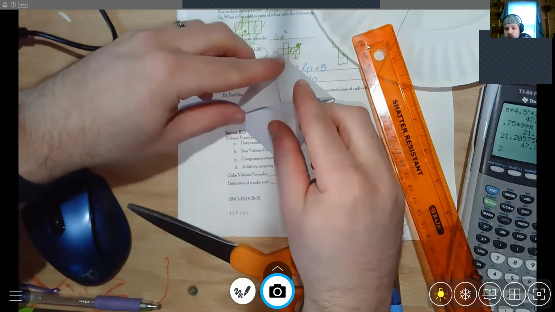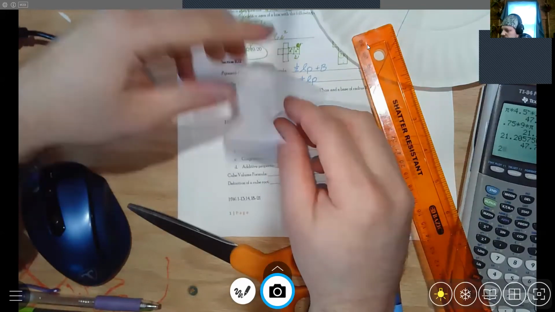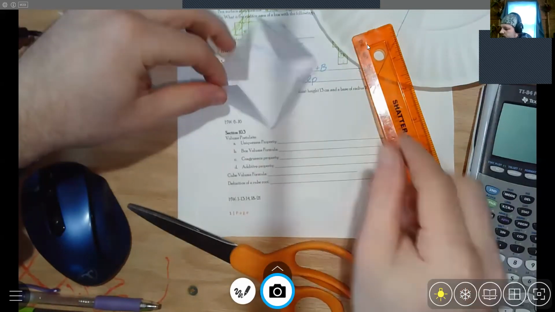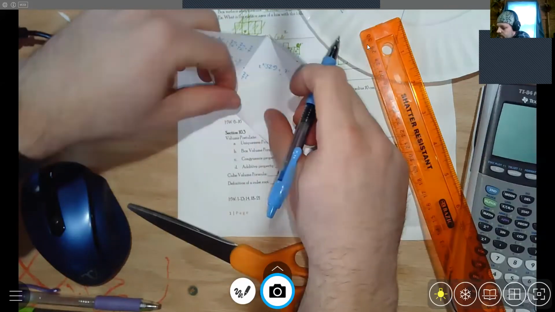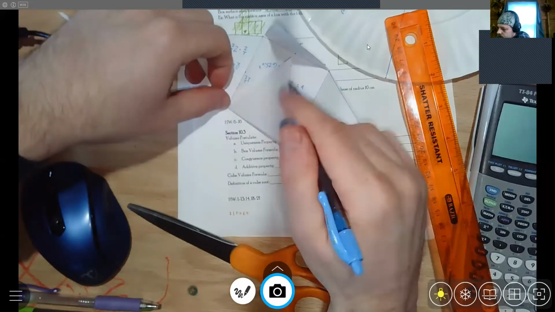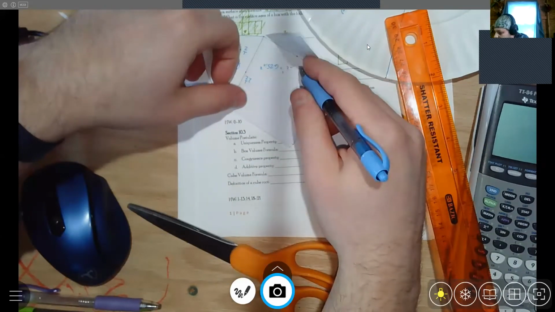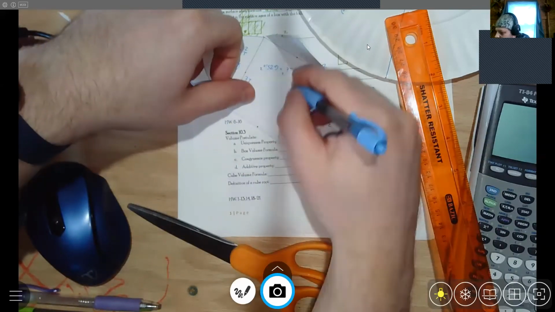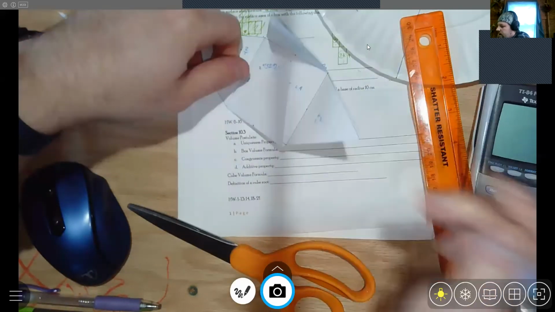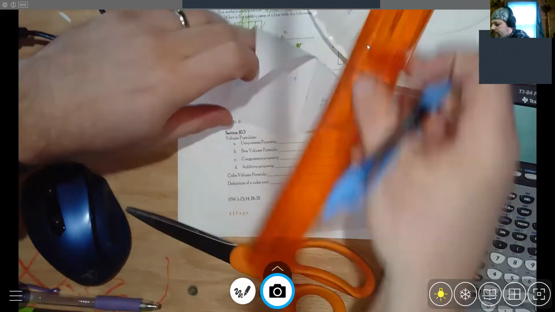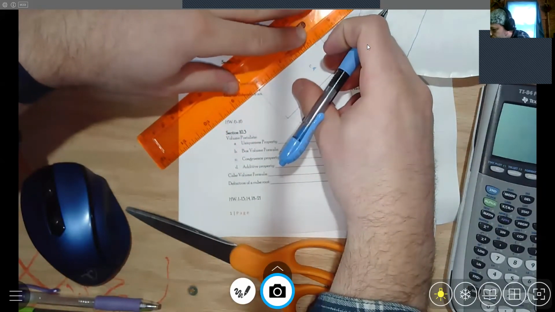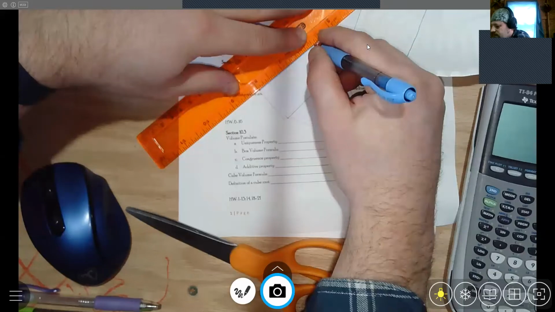One thing to notice here is that the slant height, remember, is the distance from the center, so I'm just guesstimating here, the center of the base here to the vertex, that's defined as the slant height. So I'm gonna drop the ruler here just to draw a straightish line.